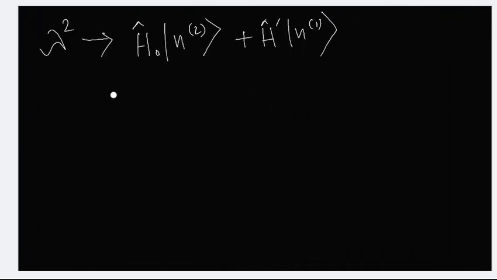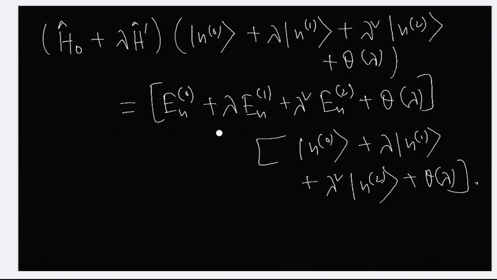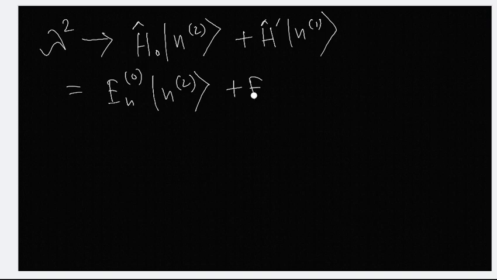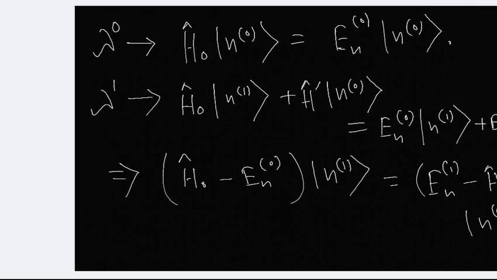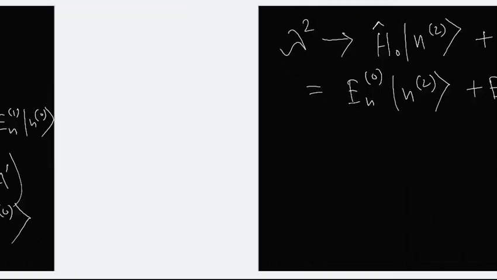Equals E n naught of n2, then you have E n1 of n1, plus E n2 of n0.